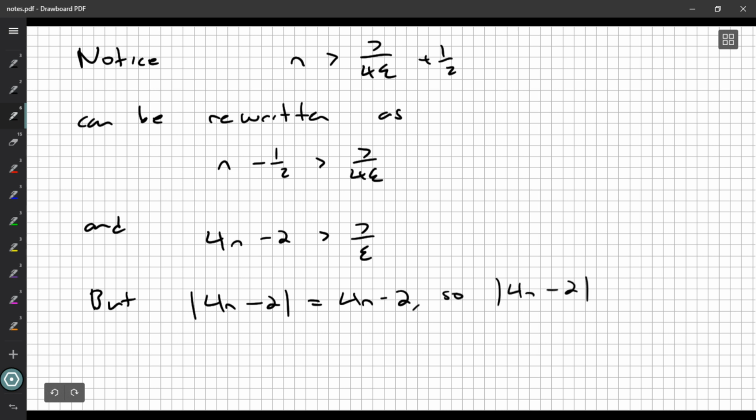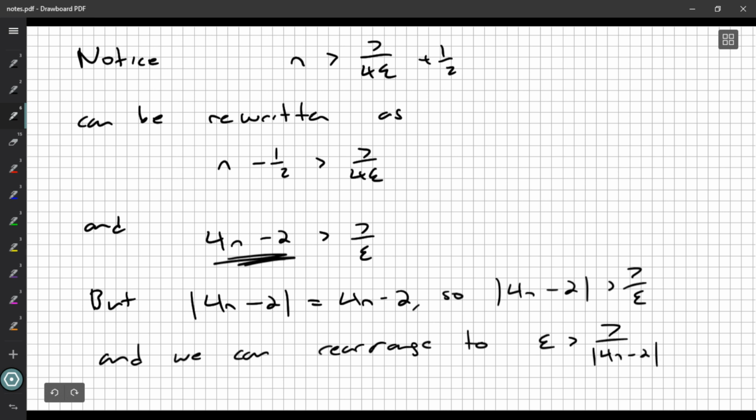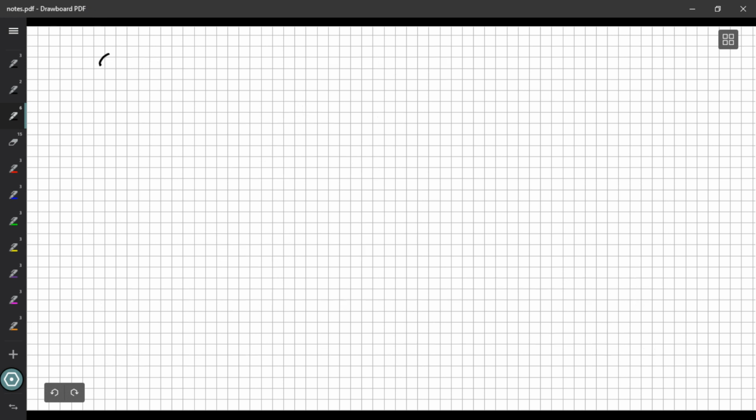So what we really have is the absolute value of 4n minus 2 is past 7 over epsilon. And we can rearrange this to be epsilon is greater than 7 over absolute value of 4n minus 2. Okay? And now we're home free. We just need to unpack this.